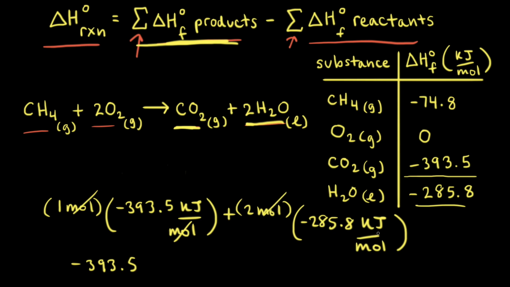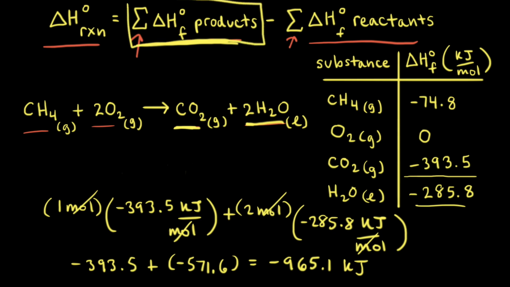And then for the other one, moles cancel out again, and this would be plus negative 571.6 kilojoules, which is equal to negative 965.1 kilojoules. So that's the sum of all of the standard enthalpies of formation of our products.